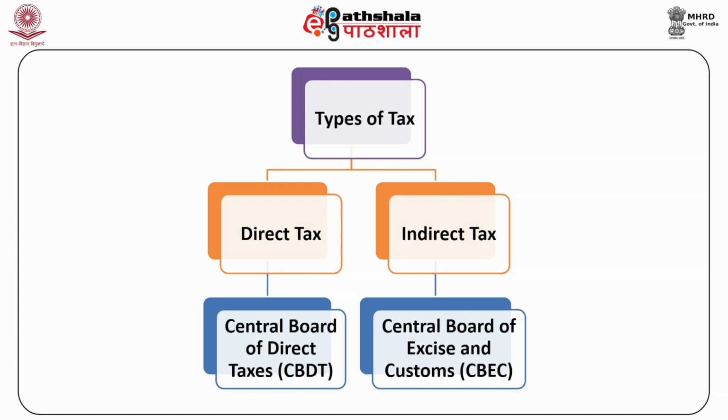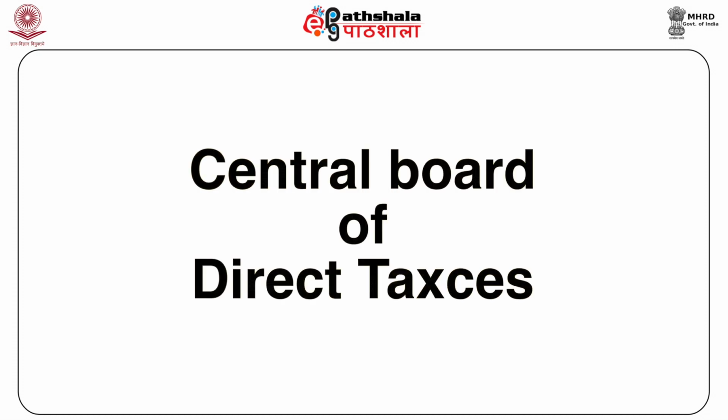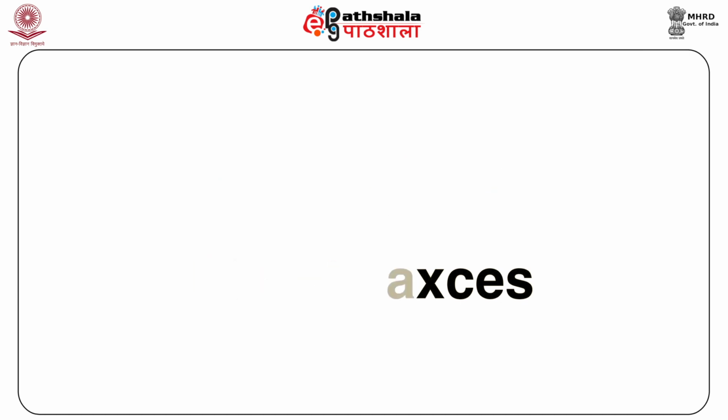The two types of taxes, that is the direct taxes and the indirect taxes, are ruled by two different boards, that is the Central Board of Direct Taxes called CBDT and the Central Board of Excise and Customs called CBEC. We will now understand the Central Board of Direct Taxes in detail.